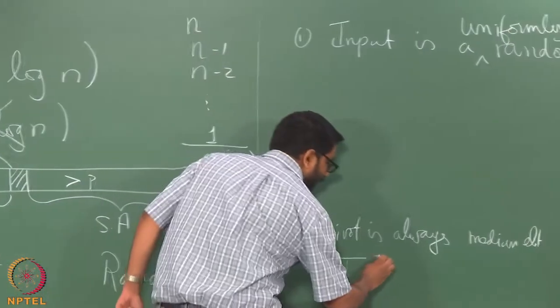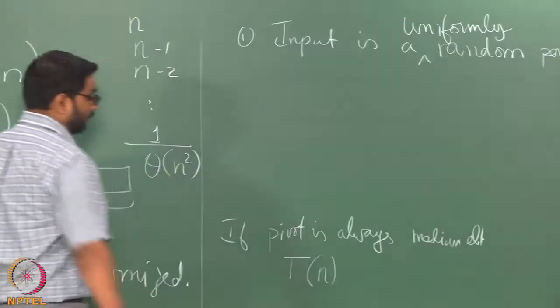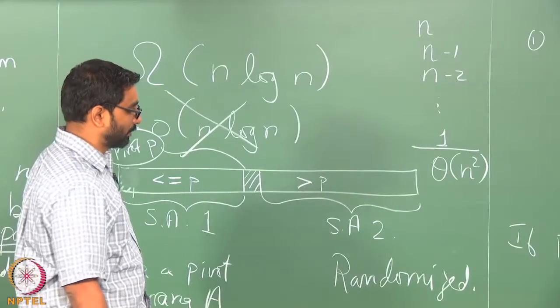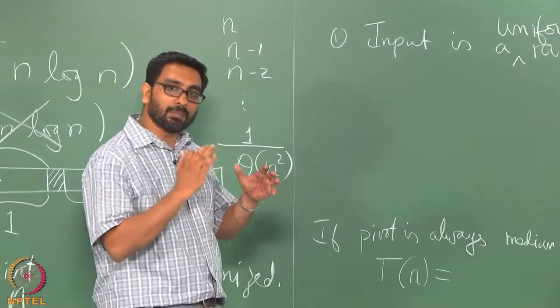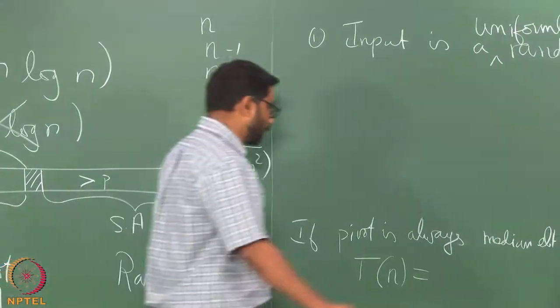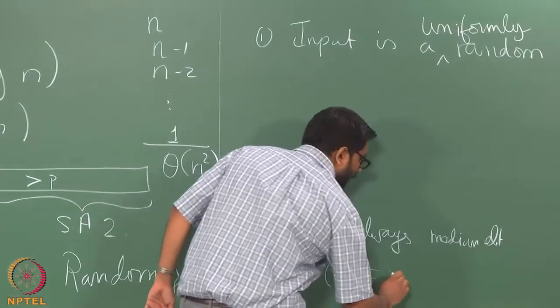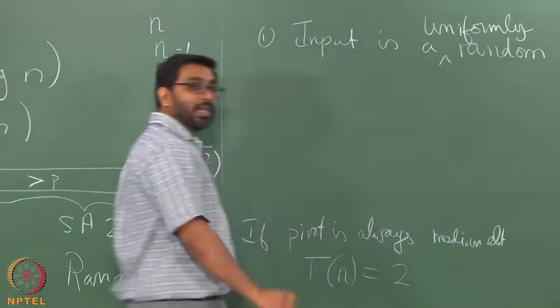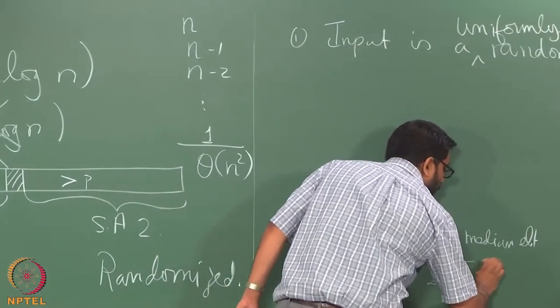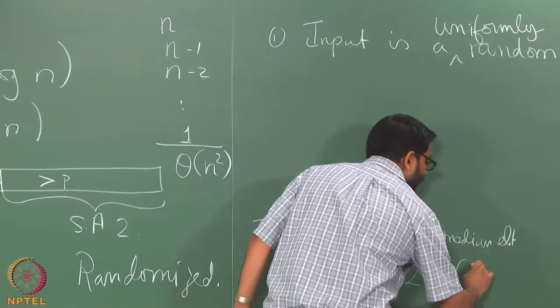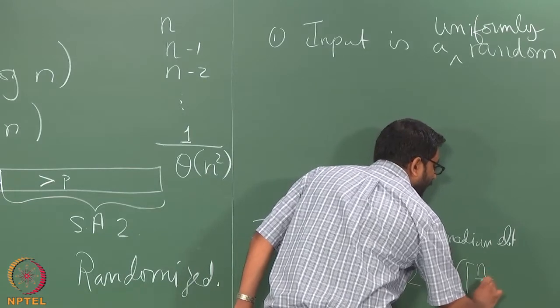Let's say T of n is the running time when the problem size is n. The nice thing is, since you are going to use the median to split the problem, you're going to get two subproblems. Each one of them is going to be no more than the ceiling of n by 2.